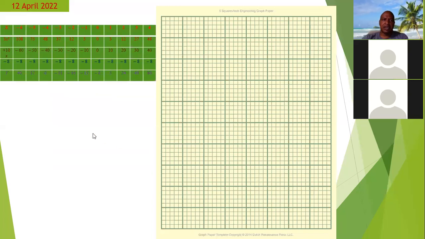All right, so here we have our graph paper. Even though I'm doing this graph, I would like you to do this graph with me.